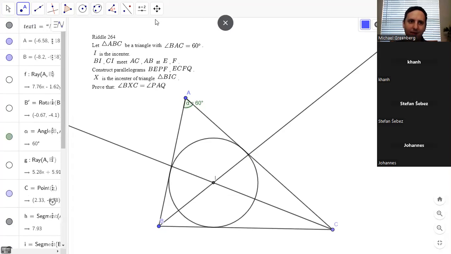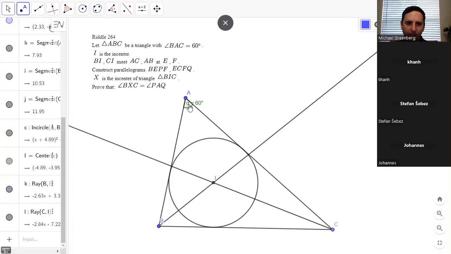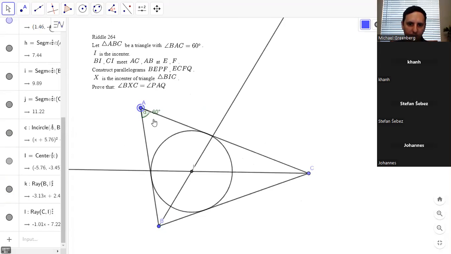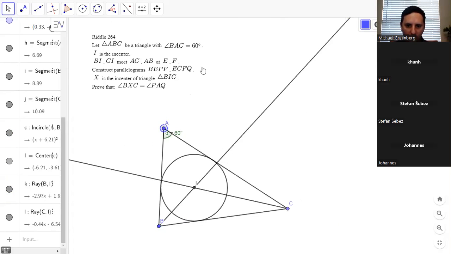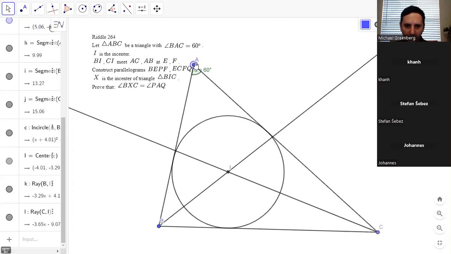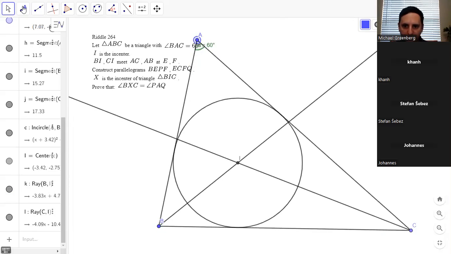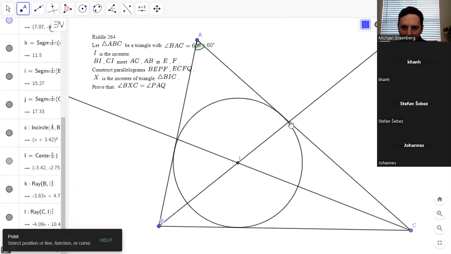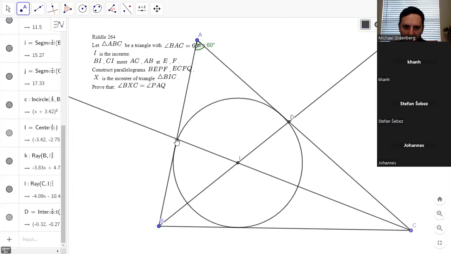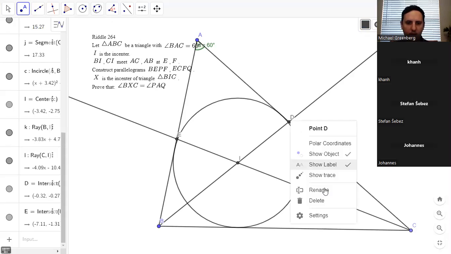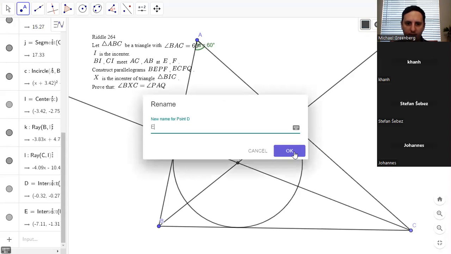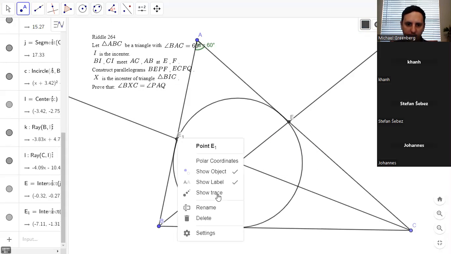Let me make it more obtuse, or maybe just bigger, so that it'll do it. See if that helps. There we go. I'm gonna have to rename it, but so this is E and this is F.